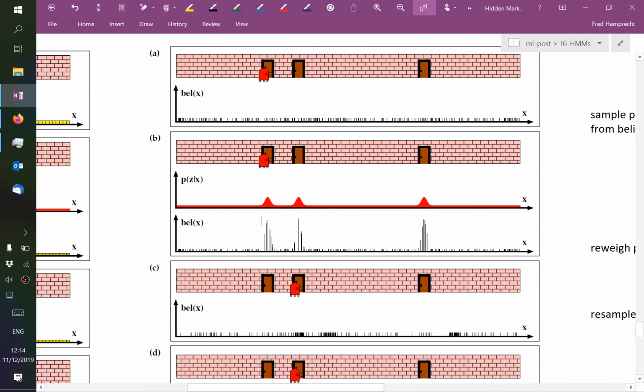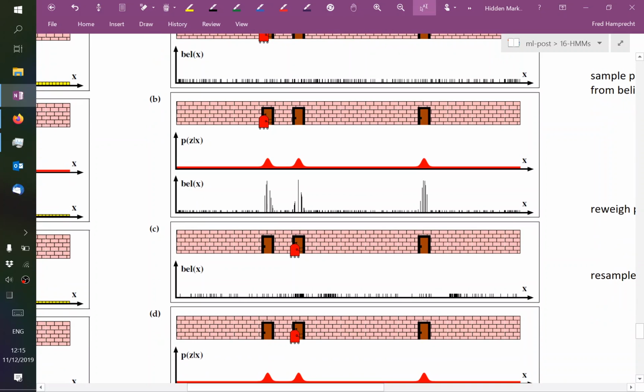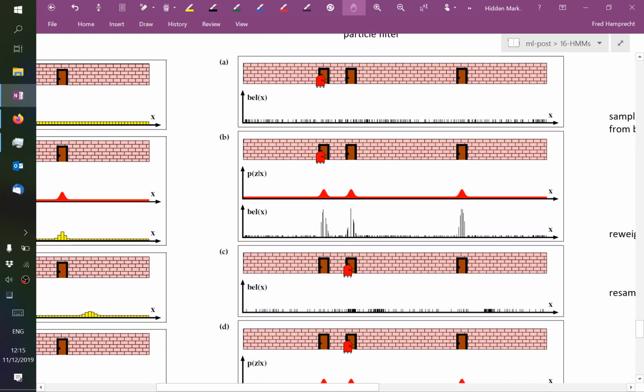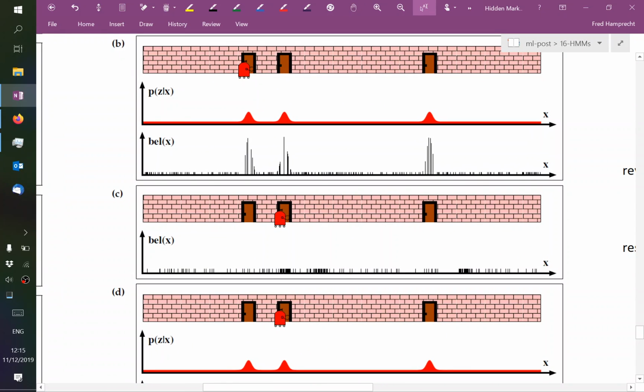And then comes a resampling step, because we want to use many particles in areas of high probability, and we don't want to waste particles in areas where we think the robot probably is not. So if we had n particles, these n particles can now be resampled from the old ones, using the original positions plus or minus a little bit of jitter.